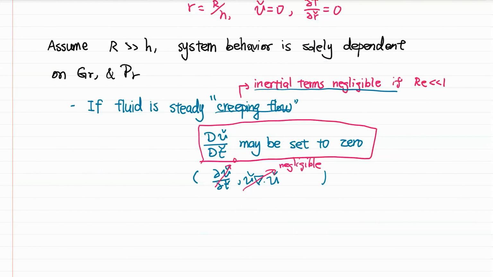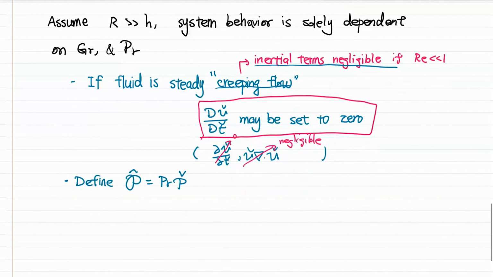The second note is we would like to define another dimensionless pressure. Let's use a larger capital P, and let's say capital P equals the Prandtl number times the original dimensionless pressure. Then the equation can be further simplified.